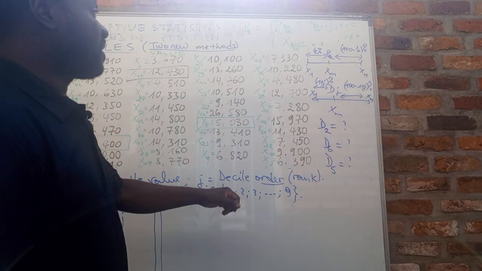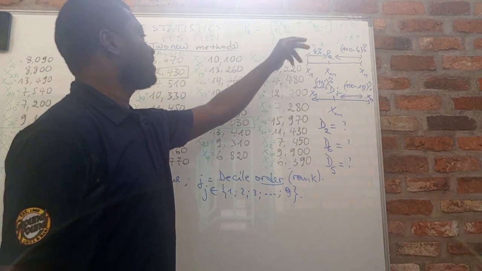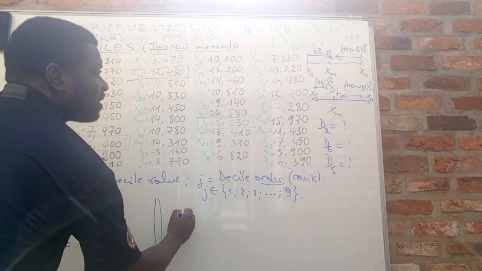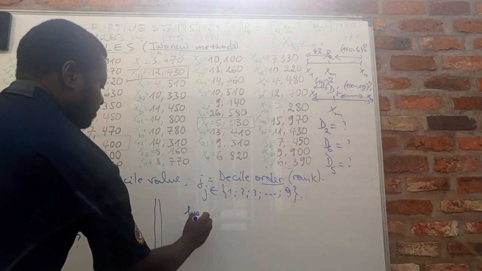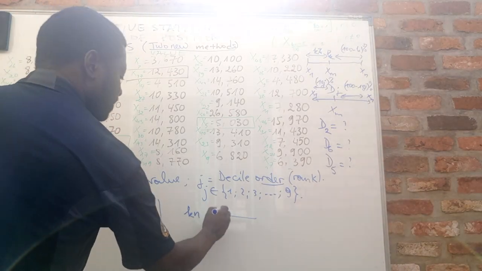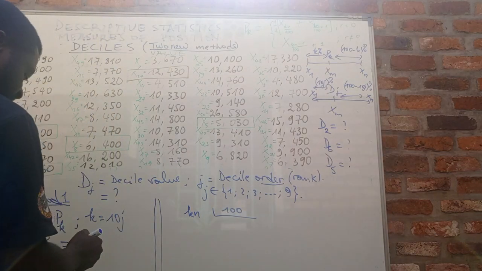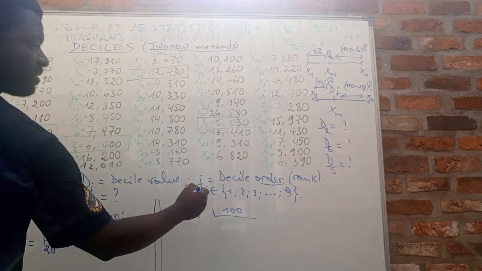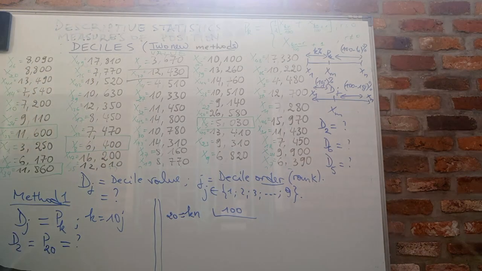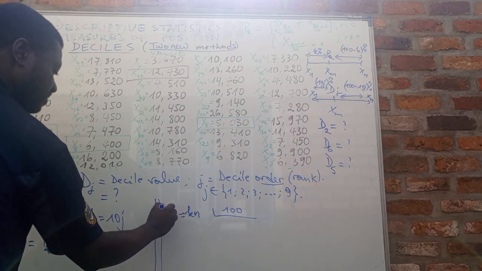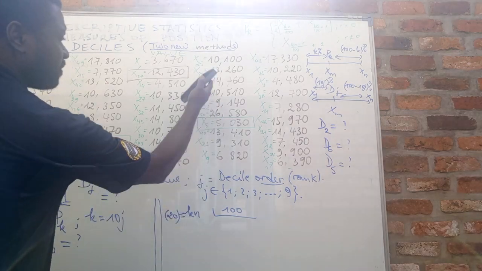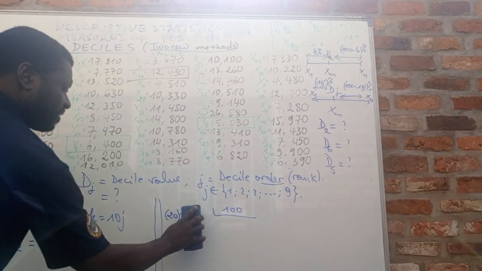First, we look for the remainder of the division of kn over 100. Here k is equal to 20, and n is equal to 50. We have 50 values here.